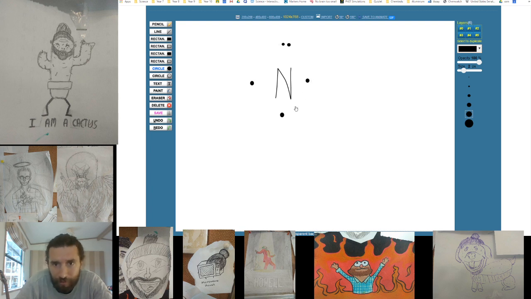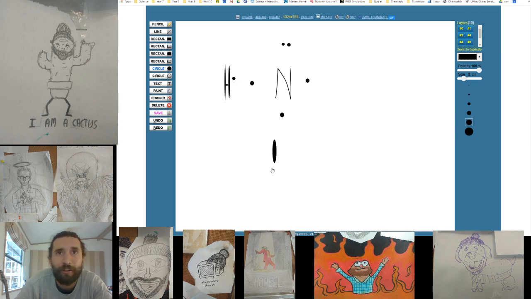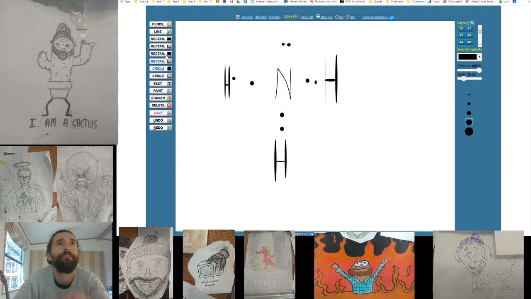So nitrogen's going to have 3 bonding electrons and 1 lone pair. Now I've got 3 hydrogens. It's one hydrogen with one electron, two hydrogens, and three hydrogens, each of them with one electron.